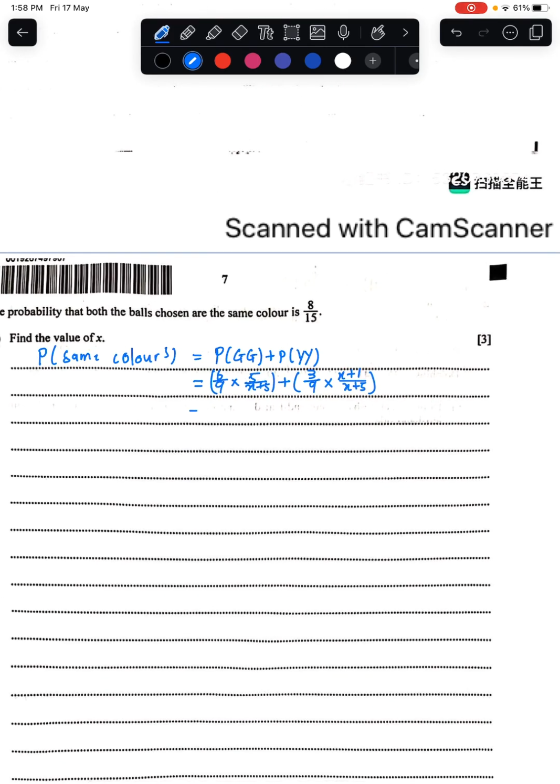So we just multiply, basic maths, 60 plus 3x plus 3. Just multiply together the top, then the bottom. We can factorize, we can write it like this.